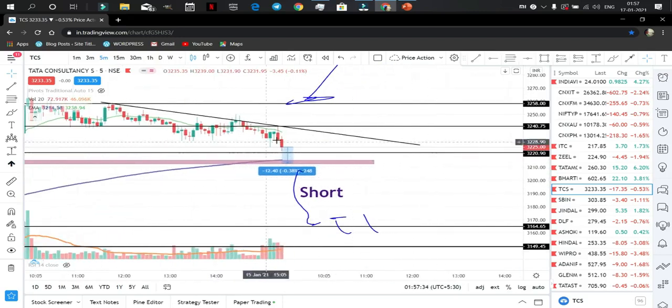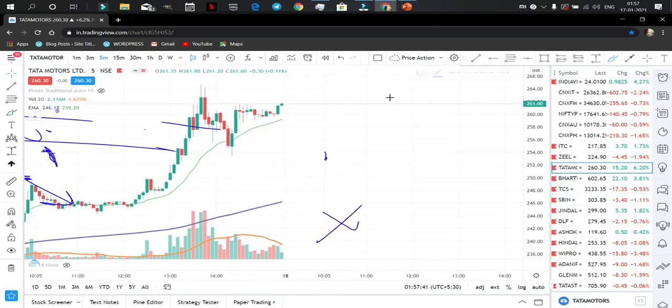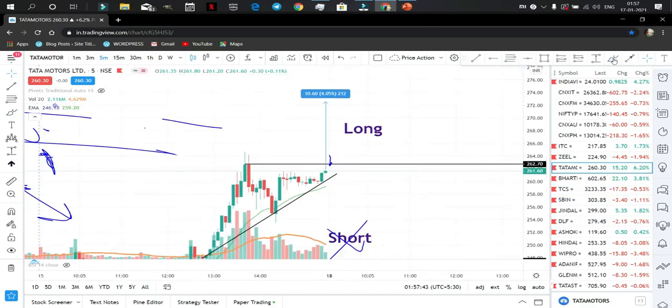Now this does not mean that I'll trade in the first 5 minute candle. If you consider Tata Motors, then let's say that the stock opens at this point in the first 5 minutes. That does not mean that I'll immediately take a trade in Tata Motors. I'll wait for some time. Let's say that the stock opens at this point, and then it goes down. There is some sort of profit booking for the next 5 minutes.